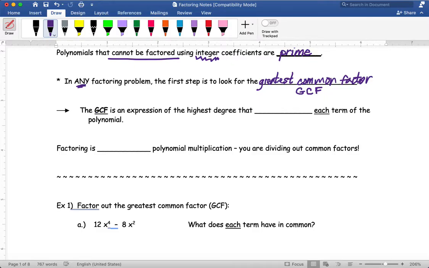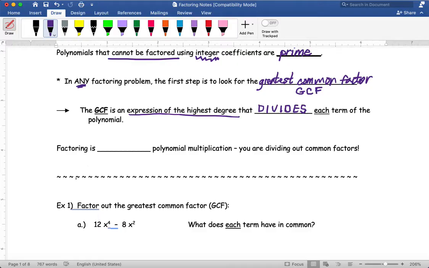The GCF, or the greatest common factor, is an expression of the highest degree that divides each term of the polynomial. Okay, it's the largest thing, hence greatest, the largest thing that will divide each term of the polynomial.